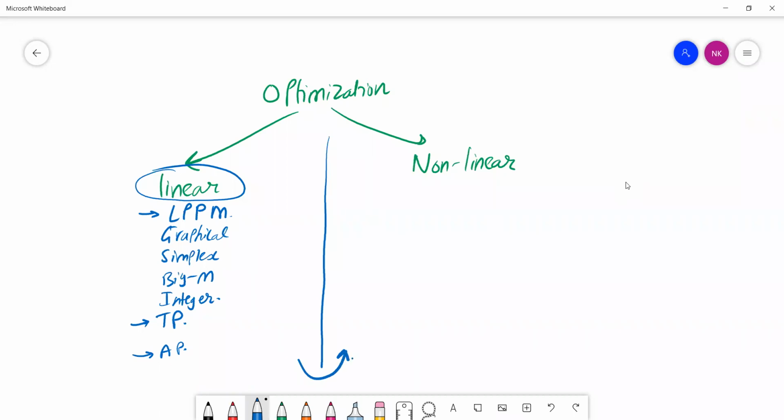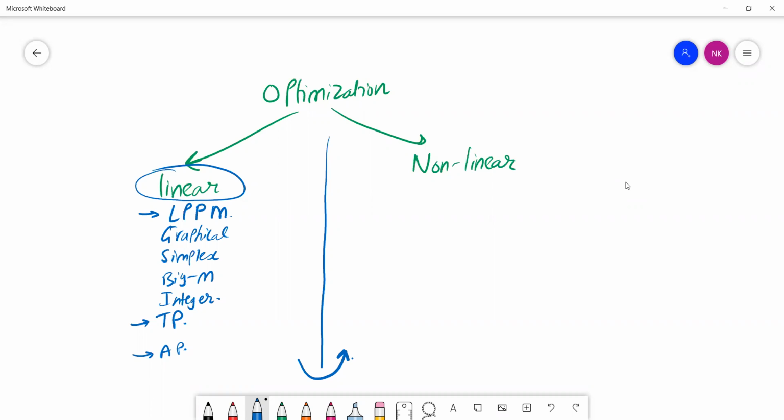There will be changes in some of the methods and in the approach to solve the problems, but ultimately our main intention, our final goal, will be the same. The only change will be in the methods. The minor change will be there in all the methods.